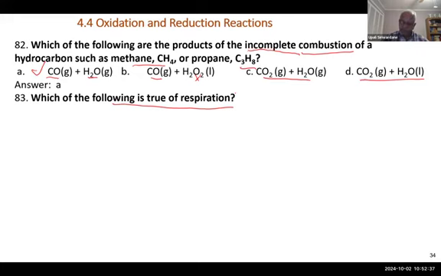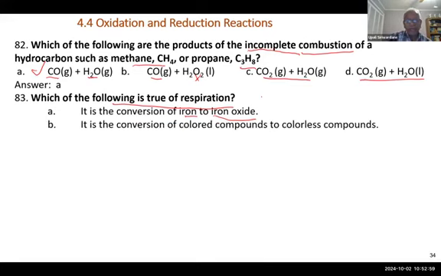Respiration produces energy. It is the conversion of iron to iron oxide? We never said that is respiration. Respiration has something to do with glucose being converted to carbon dioxide and water when glucose reacts with oxygen.